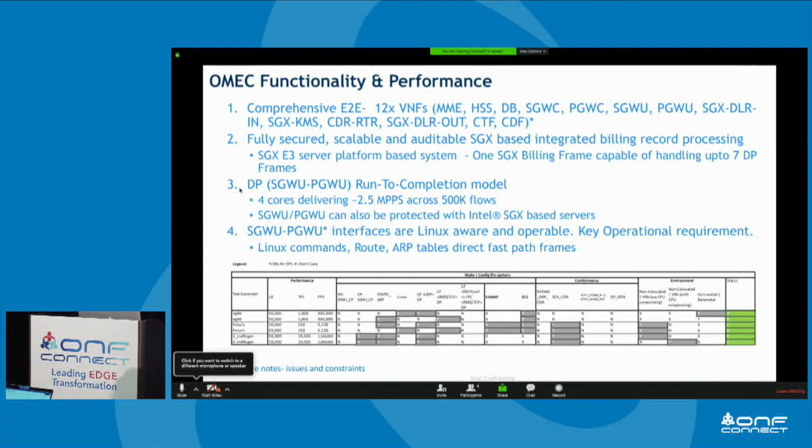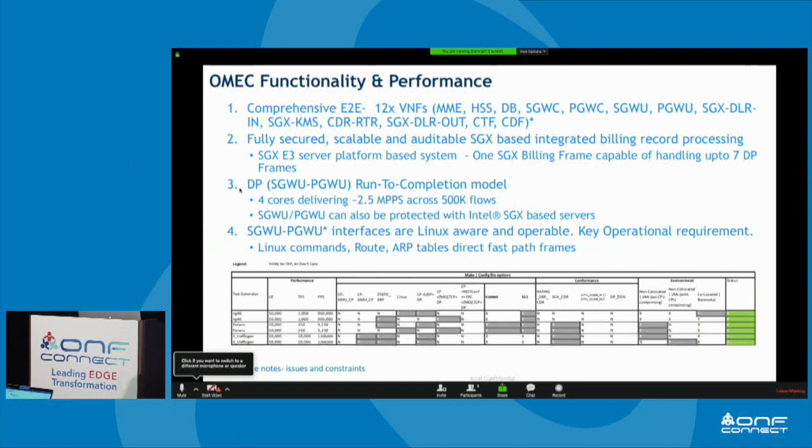And there are 2 more cores required for various purposes like ARP handling, stats, and other interface between the S gateway U and C. So there's another core that's also responsible for the communication with the control plane.